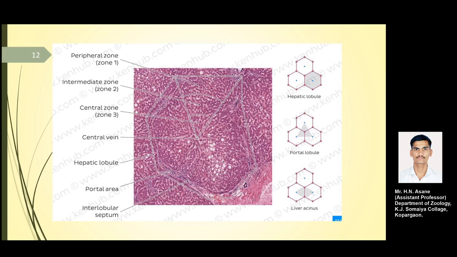Then the cell has a distinct cell membrane. Normally each cell has a central nucleus, but two or more nuclei are not rare. The cytoplasm contains numerous mitochondria.